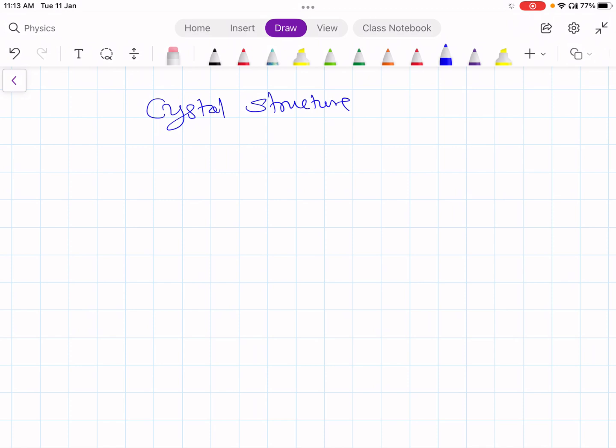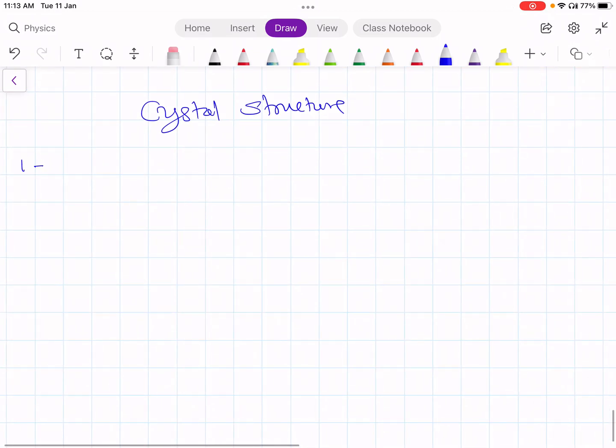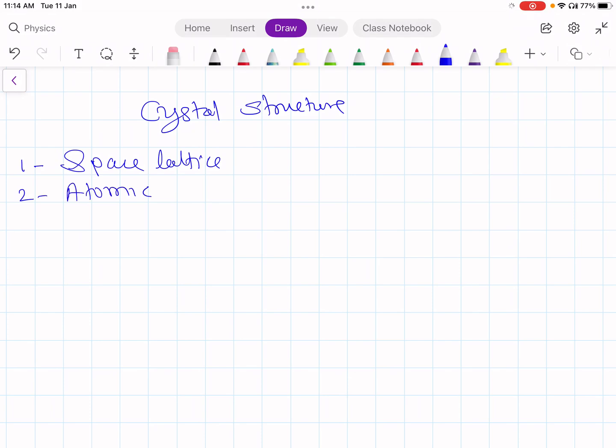And in order to understand the crystal structure, there are three basic concepts, namely space lattice, then atomic basis, and the third concept is unit cell.